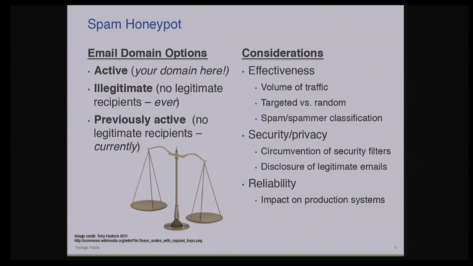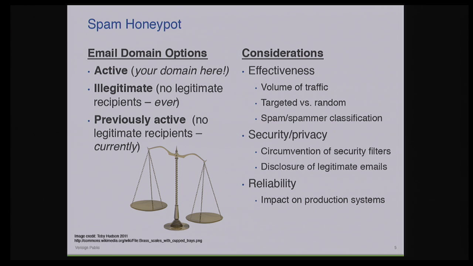So in terms of effectiveness, there's volume of traffic, how much traffic you're going to elicit from would-be spammers. There's the targeted versus random. So there's actually some value in trying to send spam to someplace where there are actual users.